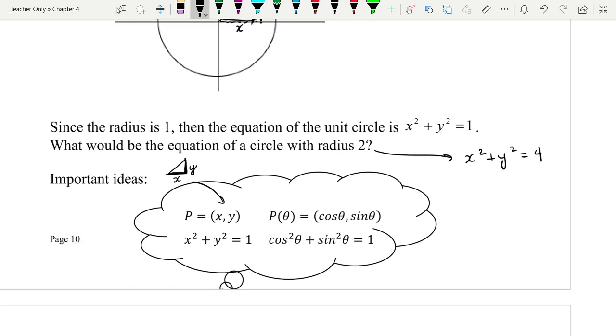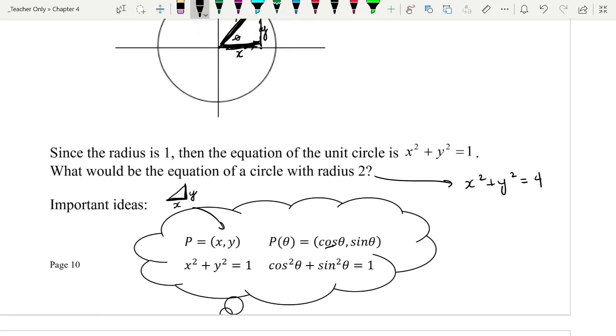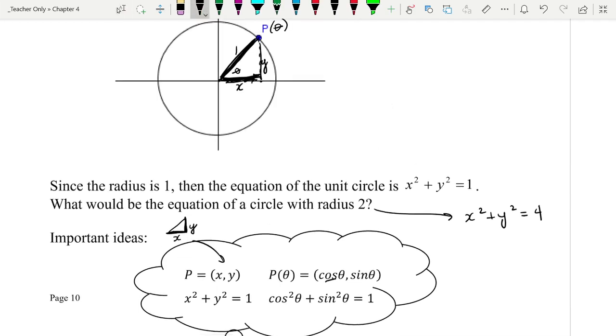Because remember, what does cosine mean again? Well, if this is theta, cosine is, of course, adjacent over hypotenuse. Well, hypotenuse is 1. So the x coordinate of a point on the unit circle is its cosine value. And sine is opposite over hypotenuse.